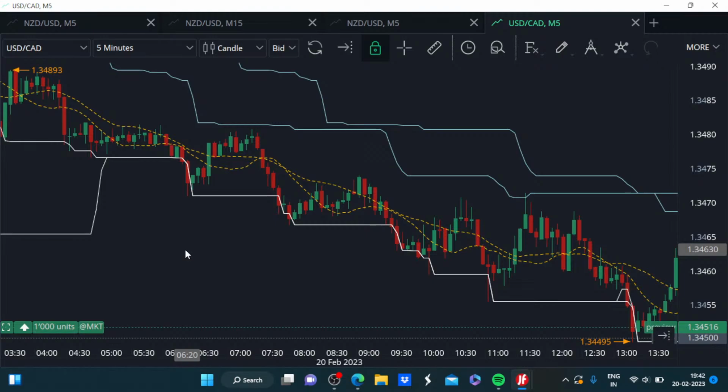So here the momentum is clear, though it is also consolidating, but the bias is clearly on the lower side. And now for the comparison with the AUD, let's consider AUD.